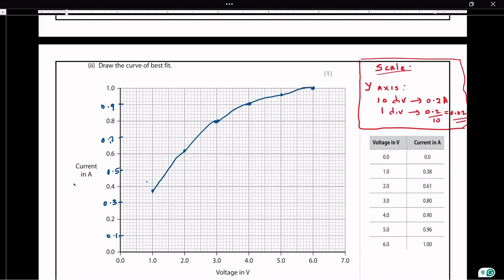So we are getting a line like this. You can join it with the axis also. So it is in this way. This is the first point, the second point, third point, fourth point, and so on, and the last point.